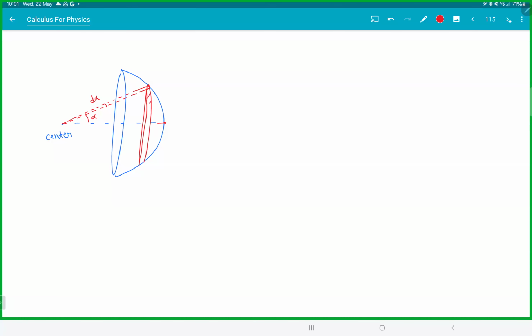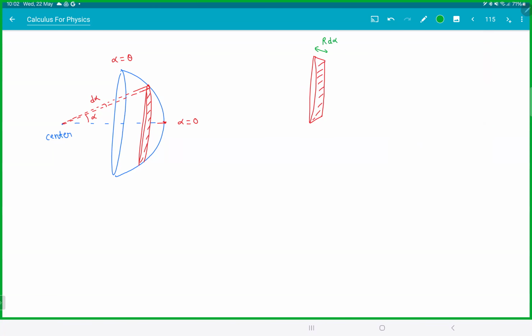What you get is a small ring like this. At this point, alpha is 0, and at this point, alpha is theta. So you're changing alpha for a small instance. What you get here is a band like this, where this length is r d alpha.